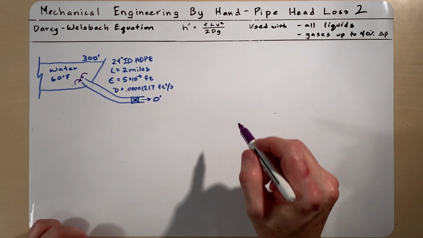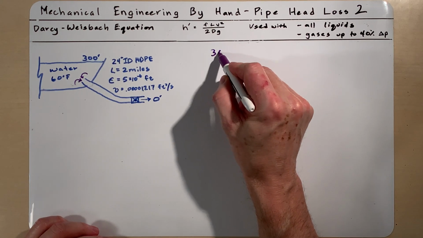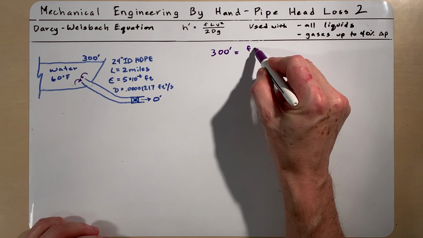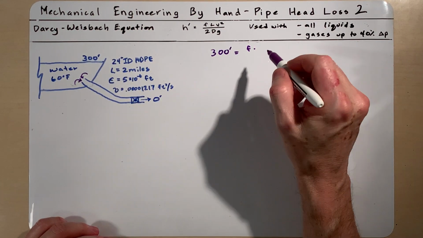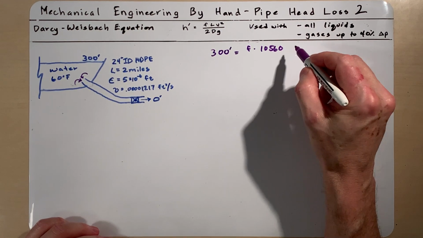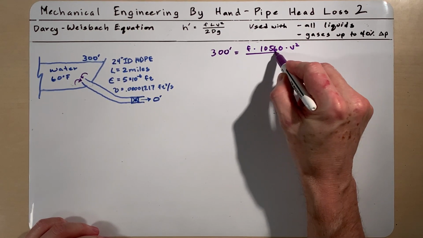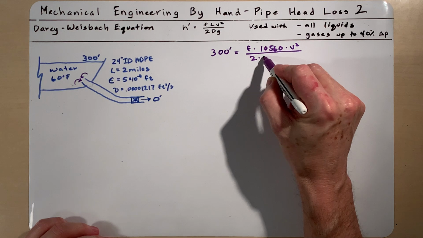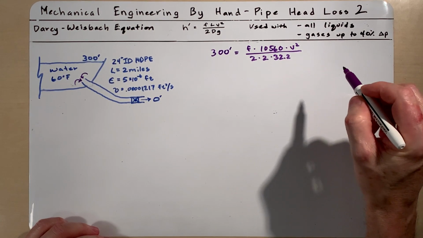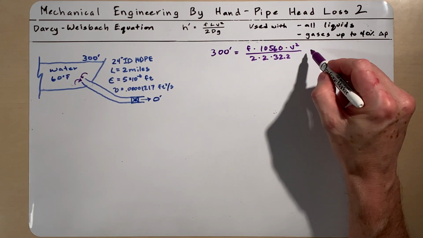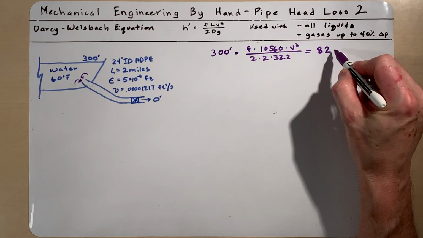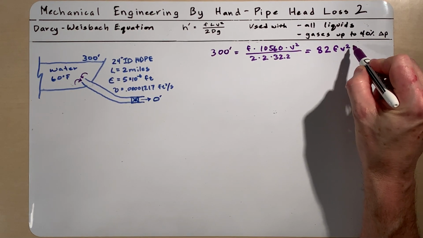It's going to be our 300 feet. 300 feet equals F times the length, which is 10,560 feet, times velocity squared over 2 times our diameter, which is 2 feet, times gravity. And when you simplify this, that works out to 82 FV squared.